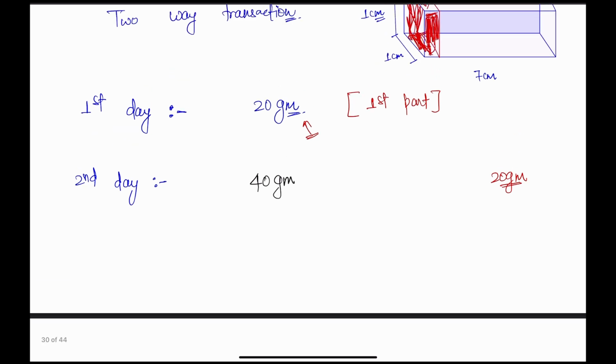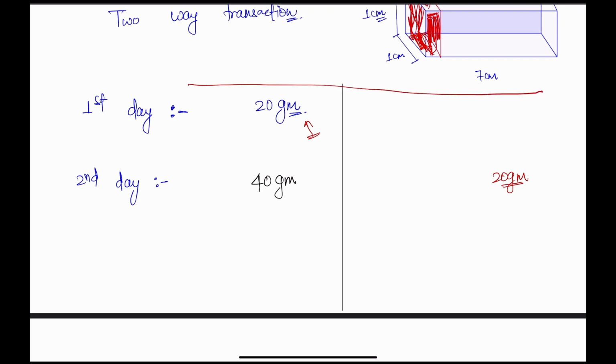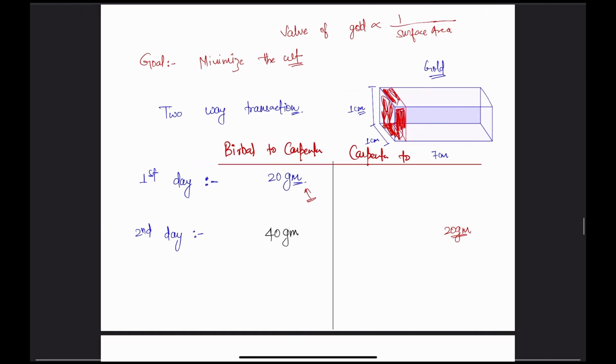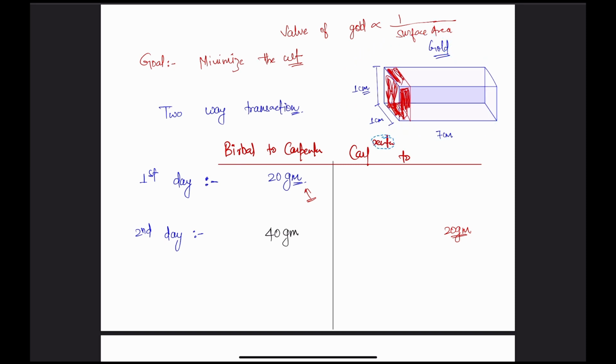Or let me just divide it. Because we know that there is a transaction between both parties, I can write here Birbal to carpenter, and here carpenter to Birbal.